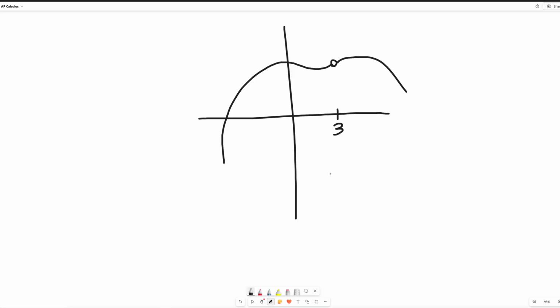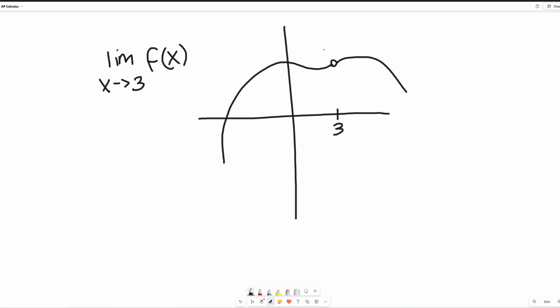If you try to look at the limit as x approaches 3, you can't just plug 3 into the function this time. If you plugged 3 in, you wouldn't get anything. There's a hole there.